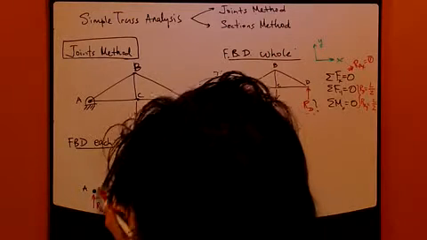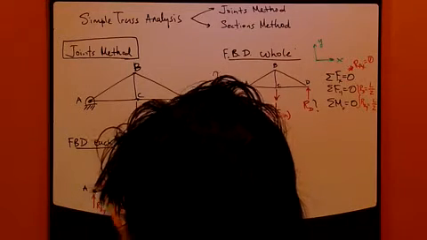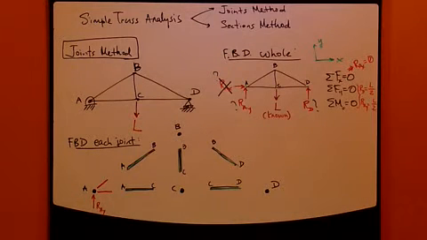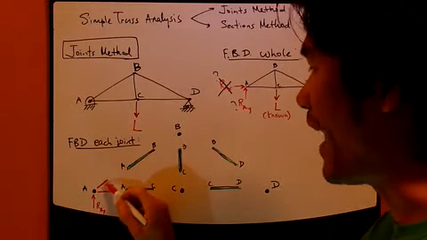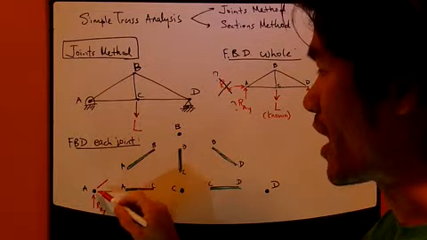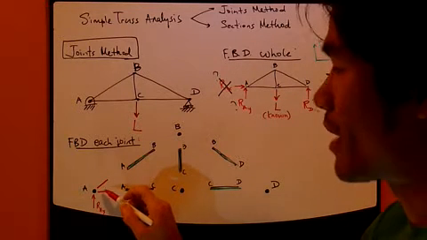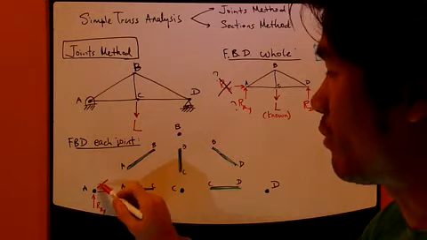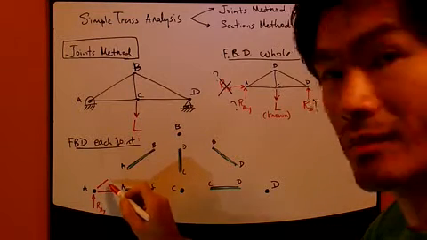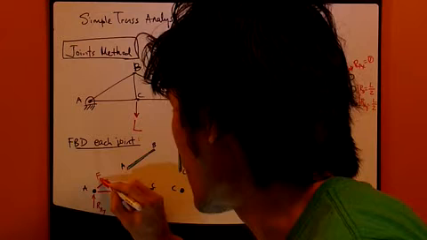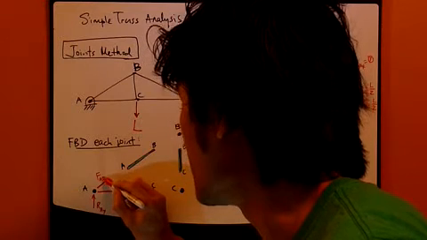So I'm going to draw two lines, something like this. I only drew a straight line, but I haven't drawn the arrowhead because I don't know just yet whether this force is going down or up. But I'm going to label it first. I'm going to call it FAB.